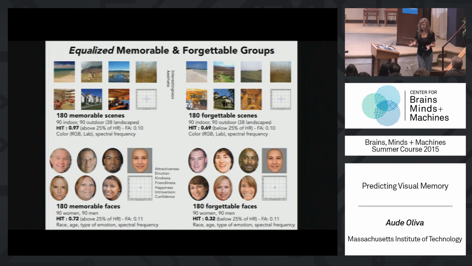So whatever we find is not going to be due to simple statistics of the image or the type of objects those have. We could play the same game for the faces, so we did. And here are the numbers again, memorable and forgettable faces that were also equalized for various attributes like attractiveness, emotion, kindness, happiness, and so on, as well as male, female, race, as well as expression, and so on.